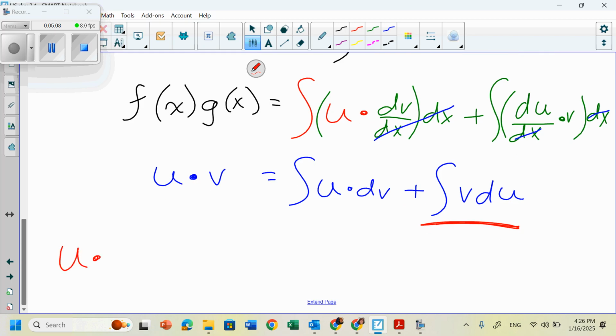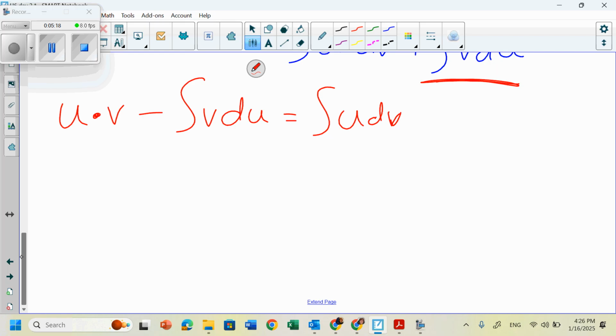You'll notice, ladies and gentlemen, it still looks very weird. This is actually what we call integration by parts, and this right here is the equation for integration by parts. I abbreviate it IBP, integration by parts.